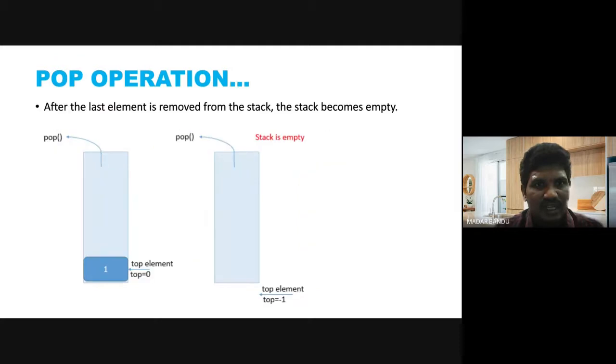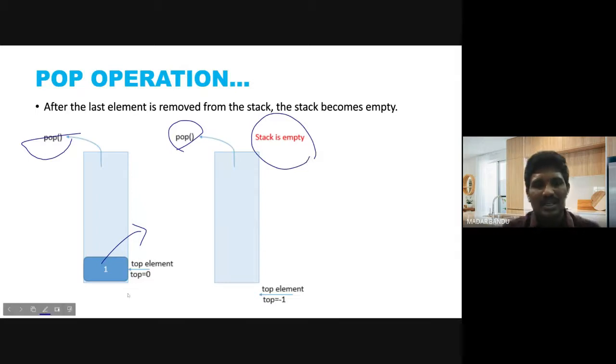Then I move on to the next slide. Again I called the pop operation. Then what is happening? Again 1 element has been removed from the stack, because there are no more elements in the stack. Once again, if you call the pop operation, it shows the stack is empty, because whenever the top value becomes -1, the stack is empty.